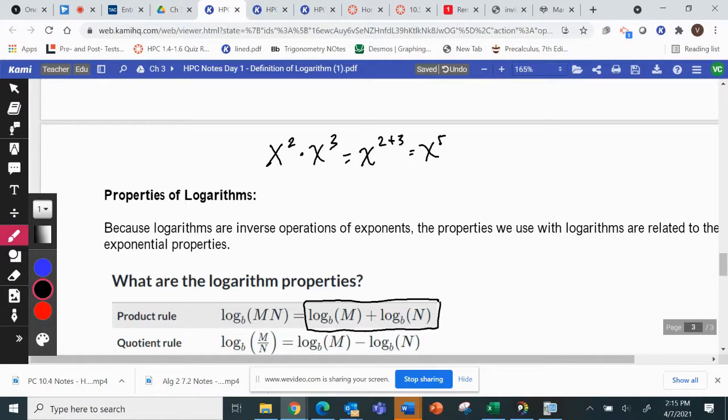If I have separate logarithms with the same base that are being added, I can condense that to one logarithm with that base, but I'm going to multiply the pieces together. So that's kind of opposite of what's happening in exponents. They're related. In exponents, when we multiply, we add them. Here, with logarithms, if we go from multiplication, then we go to adding.